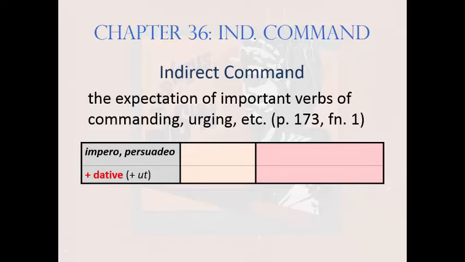So if you want to say in Latin, I order or persuade you to do something, the indirect command would read literally, that you do something. You have to remember that order and persuade are really give an order to, or make thoroughly sweet to. The you in the example above, the person you're ordering or persuading, will have to be dative in Latin.